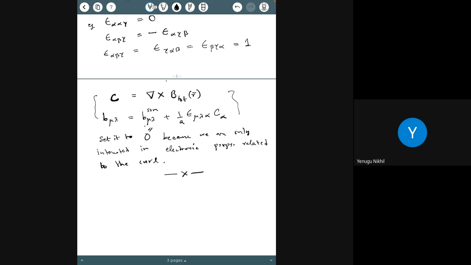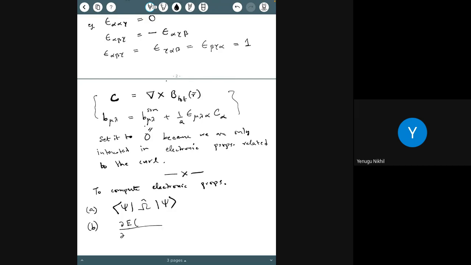So this is in particular when we're talking about response property. So to compute electronic properties, we either do an expectation value of some operator, or we take a derivative of the energy as a function of some quantities.